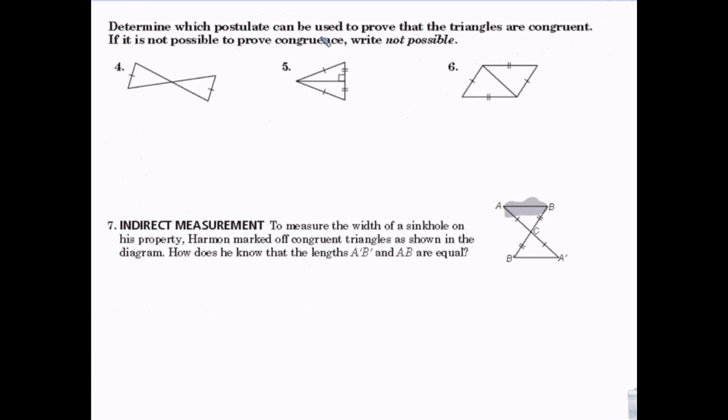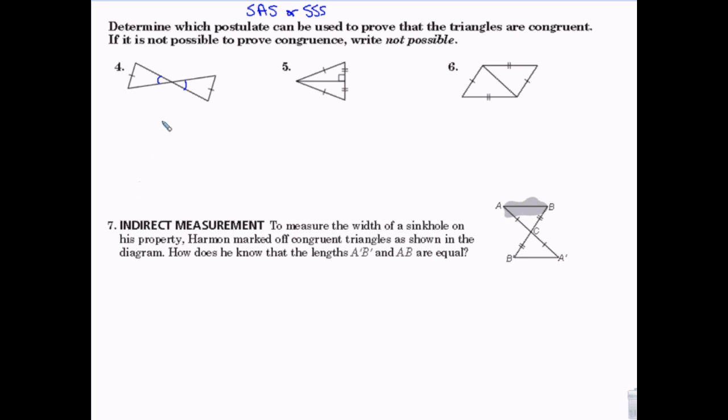Okay, determine which postulate, again we're using angle, side, or side, side on this one, can be used to prove that the triangles are congruent, and if it's not possible, we're going to say not possible. Okay, number 4, I know these sides and I know these angles, but does that tell me anything about congruence?